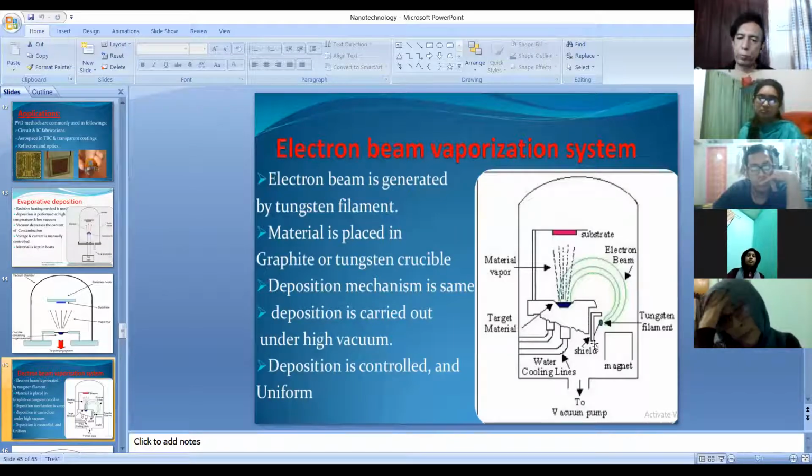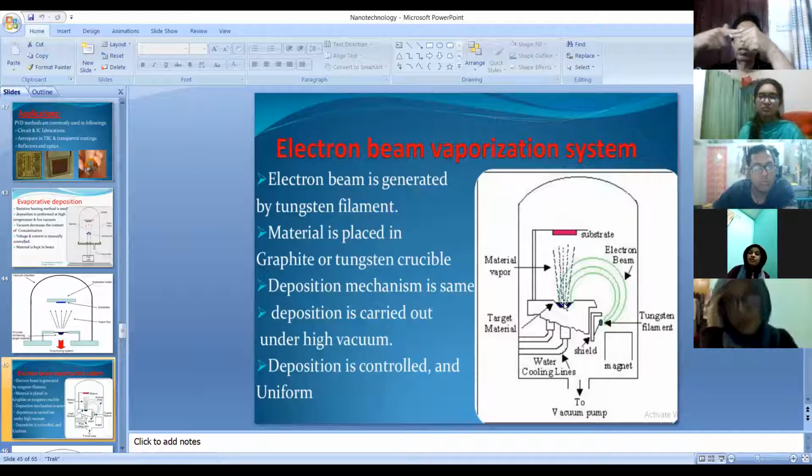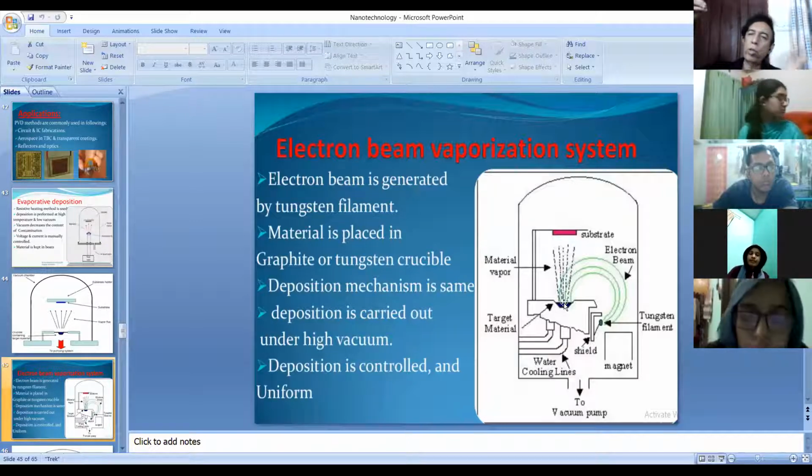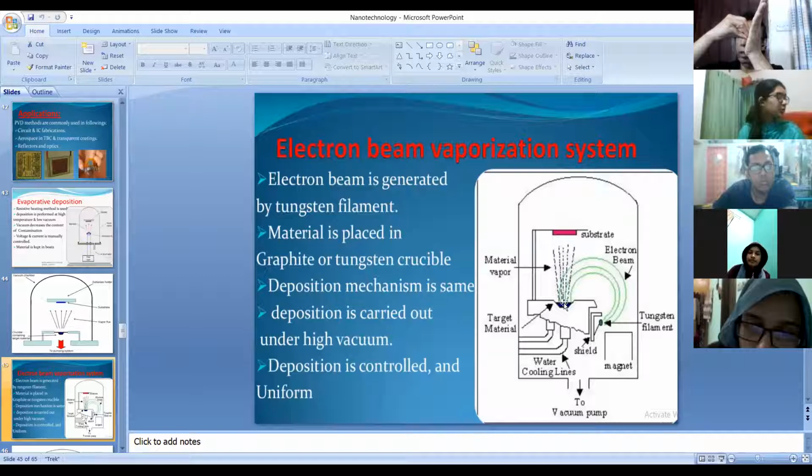Now, when these electrons hit the target material, some heat is produced there. If you rub this thing, some heat is produced. So when electrons hit a material, some amount of heat is produced.